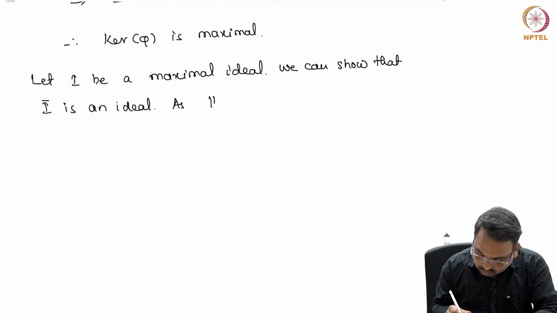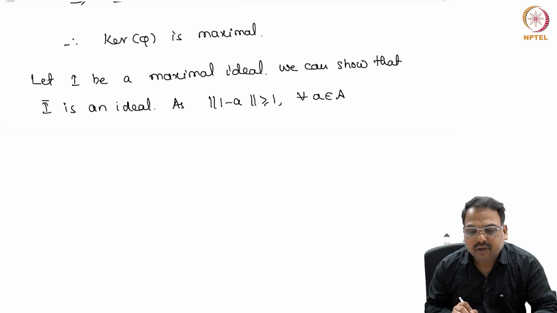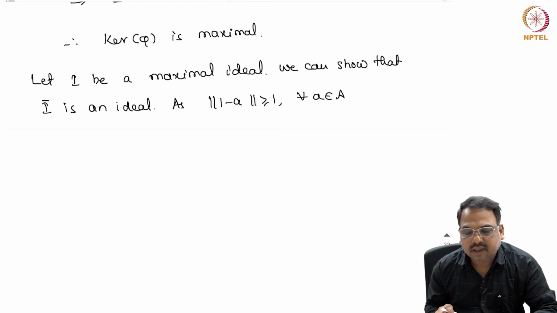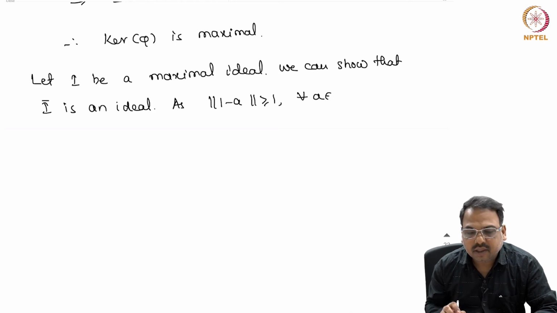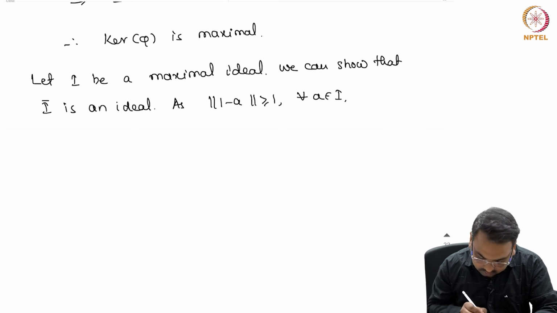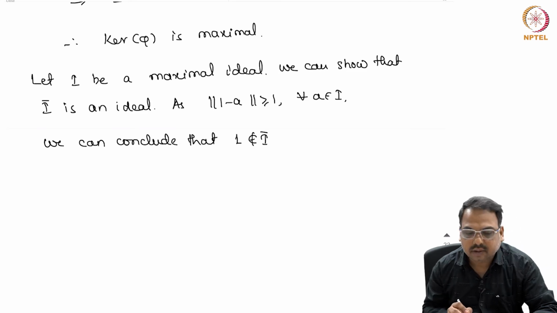As norm of 1 minus a is bigger than or equal to 1 for every a in I, since we know that norm of 1 minus a strictly less than 1 implies a is invertible, we can conclude that 1 does not belong to I closure.